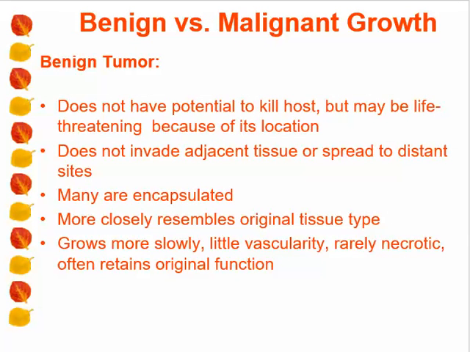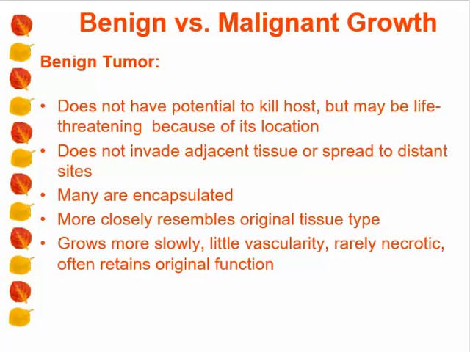So benign tumors, the tumor itself doesn't potentially kill the host, but it could be life-threatening because of its location. So, for instance, if it was on a major artery, or say it was in the pericardial sac or something like that, it could affect the working of the heart.